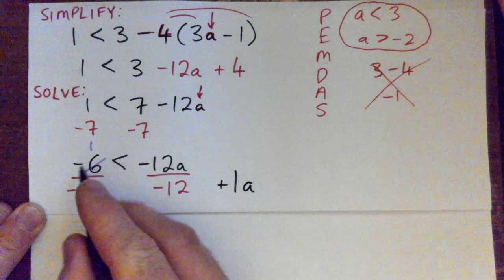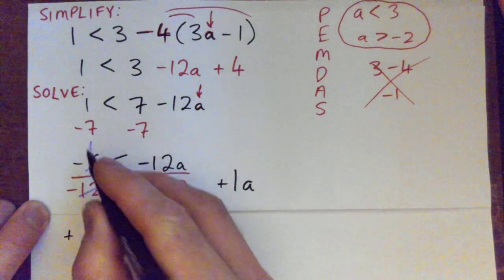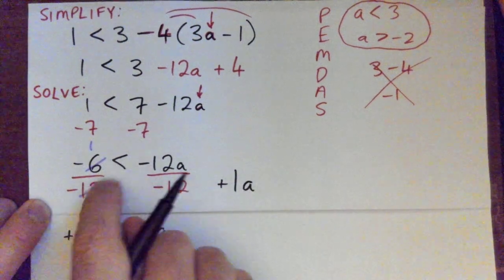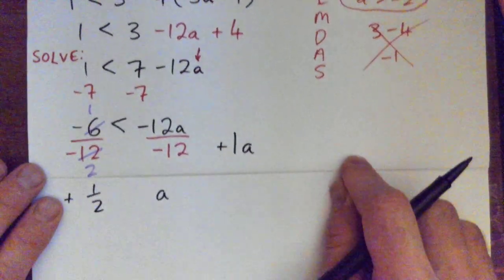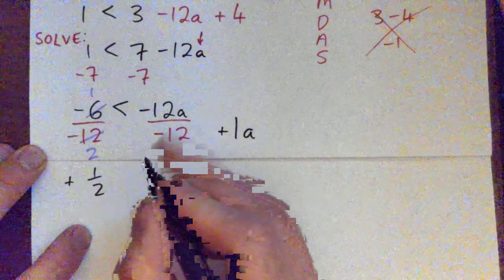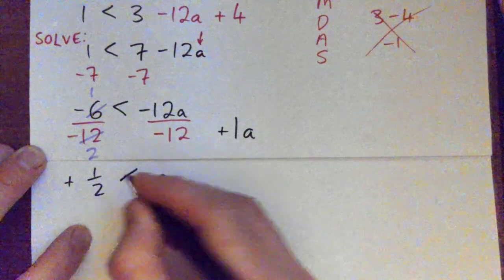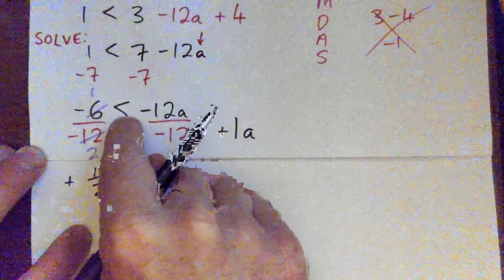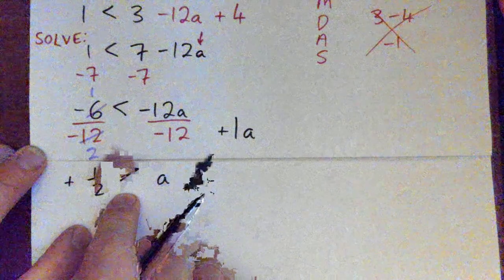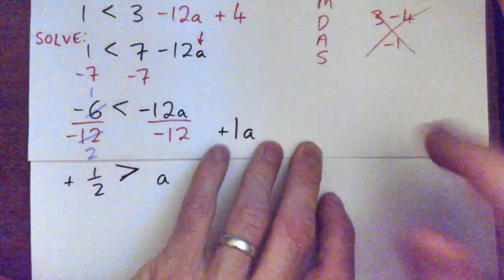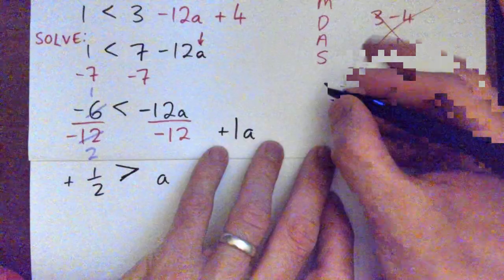This becomes positive 1 over 2, 1/2. But what happens when we divide both sides of an inequality by a negative? Need to change. Oh, whoops, I almost did it again. Need to change direction. So this inequality sign changes direction. Right, change the direction.